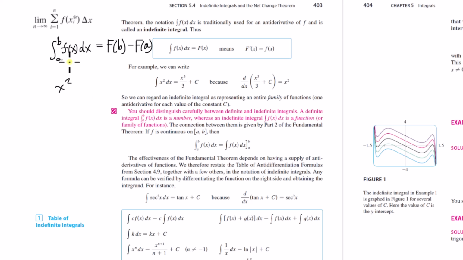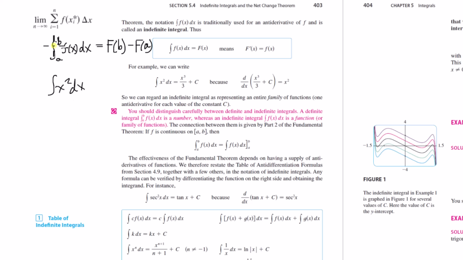And so, because of this association they discovered between integration and antidifferentiation, they decided to use this same symbol here. We'll put this symbol, don't put any limits of integration, put dx, and this is going to be the symbol to say find the antiderivative. This means the antiderivative of x squared in the same way that this means the derivative of x squared.